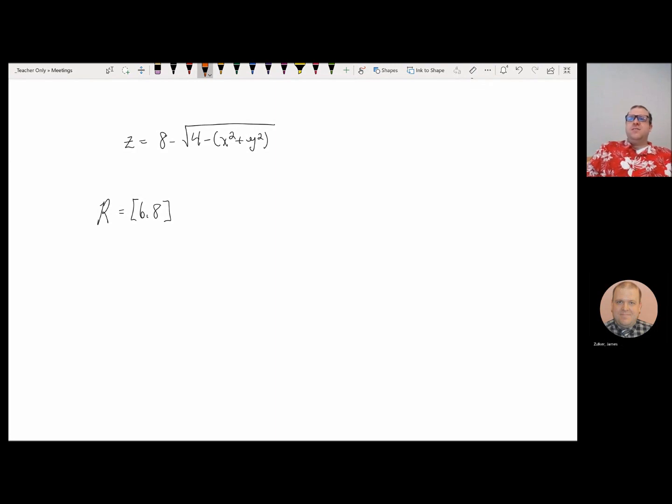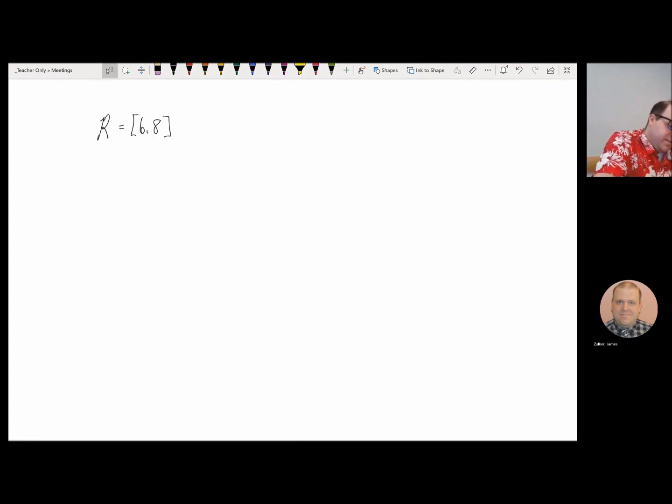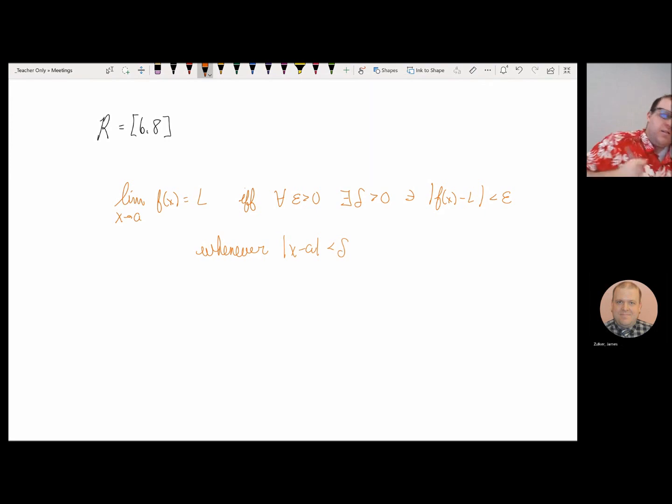We're familiar with the notion of a limit from Calc 1, right? The formal definition of a limit.